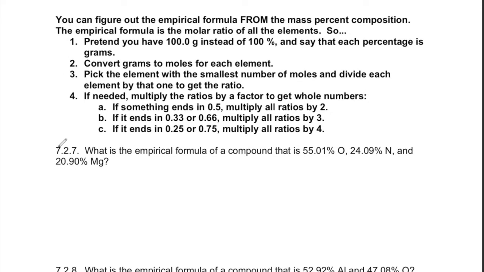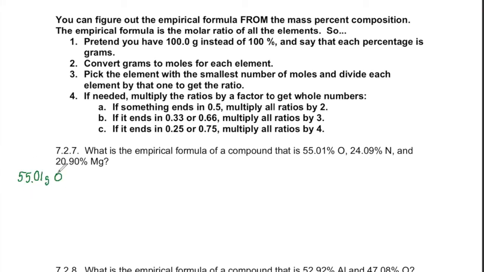Okay, so the first step here, we have our percent composition by mass. So these percents are by mass. We're going to convert these into moles and get the molar ratio. So step 1, we're pretending we have 100 grams. If we have 100 grams, then 55.01% of that would be 55.01 grams.